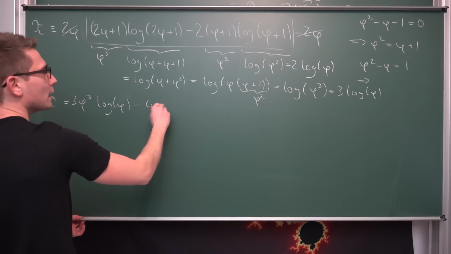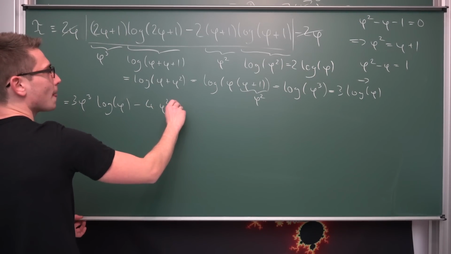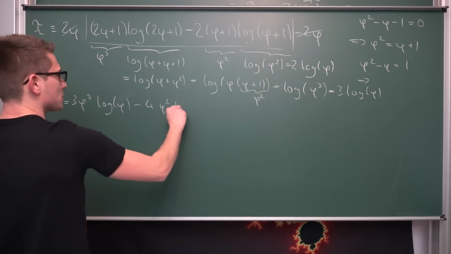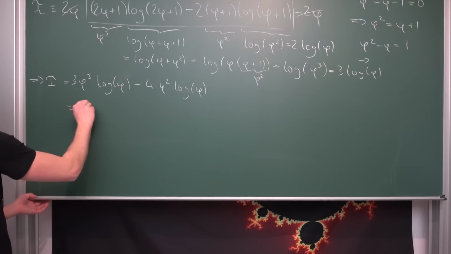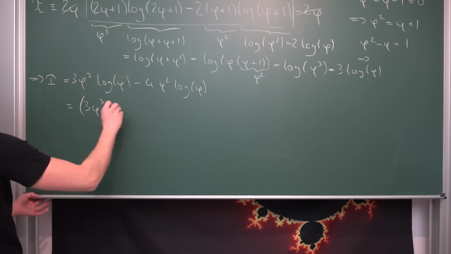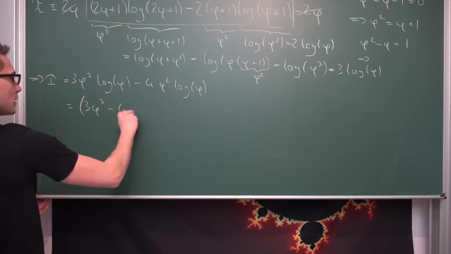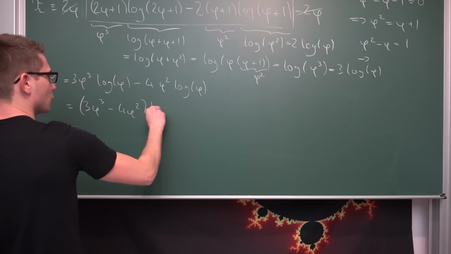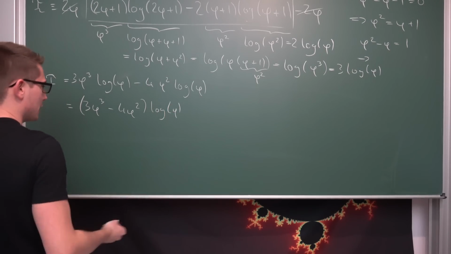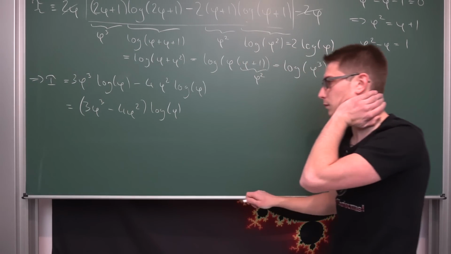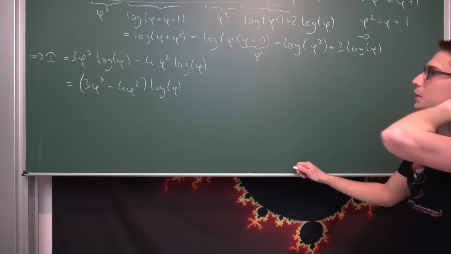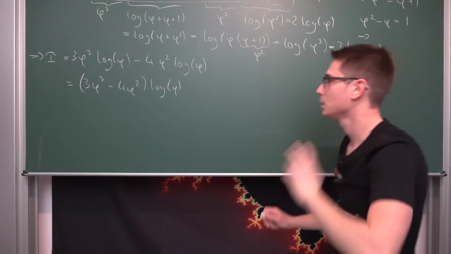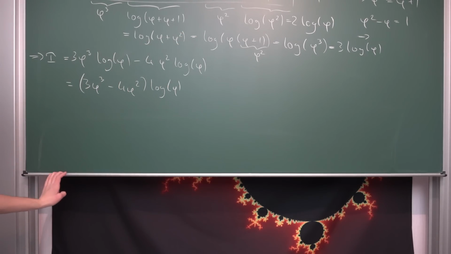So this is 4 times φ squared times log of φ. Okay, so we have log of φ as a common factor: 3φ to the third power minus 4φ squared times log of φ. Okay, that is kind of ugly. Can we do anything with that?